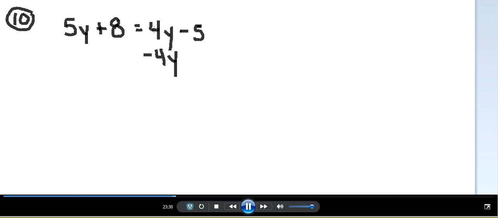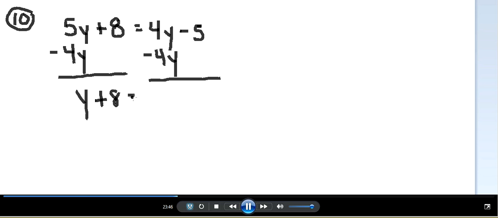If I subtract 4y on this right side, I have to do it on the left side. And I'm doing it with the like terms here. So draw my line here. So here I've got 5y minus 4y is 1y plus the 8. That equals, my y's cancel out on the right side, that was my intention. And then I'm going to bring down the -5.